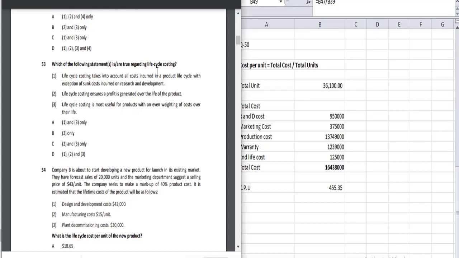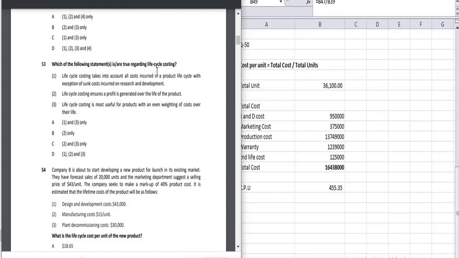Life cycle costing ensures a profit is generated over the life of the product. Obviously life cycle costing में we used to take the total cost and total revenue incurred over the life cycle of the product, ठीक है. उसके बाद ये profitability है कि नहीं product, then we can see, है ना. तो ये true है.